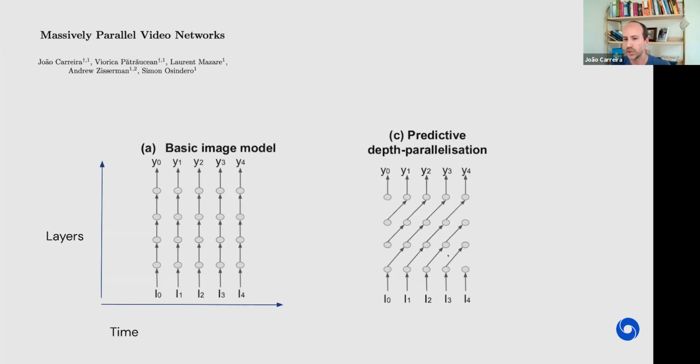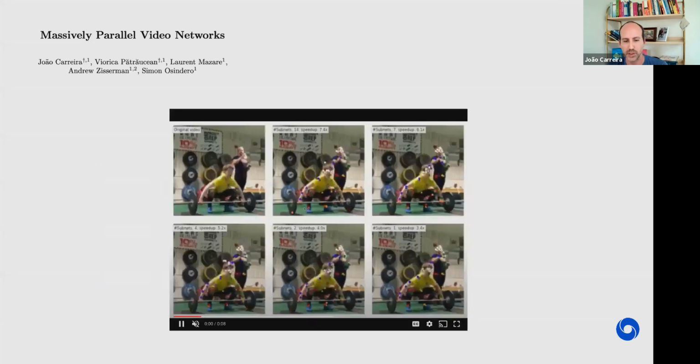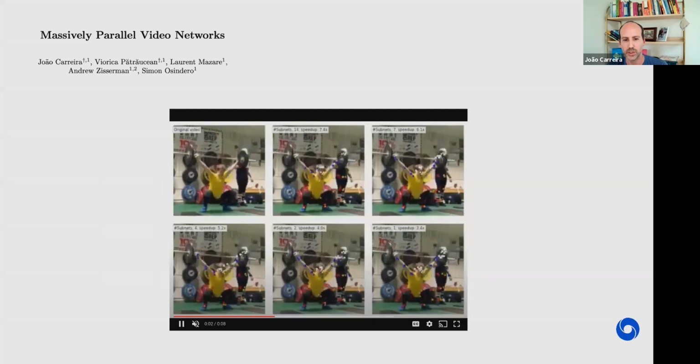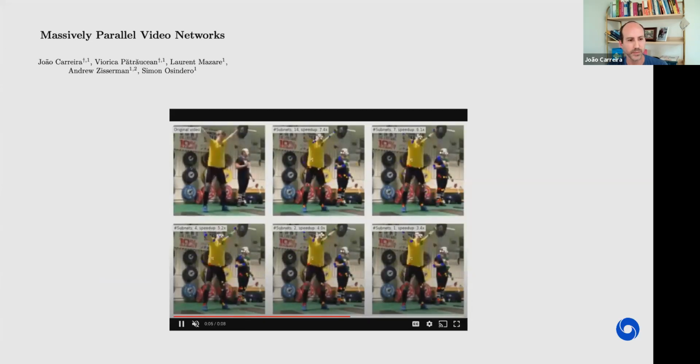And if you have parallel resources, the latency will be very low. This all hinges on the network being able to predict the future a little bit. We did some more engineering on top of this, and we found that it's actually possible to get some decent results with lower latency in this setting.